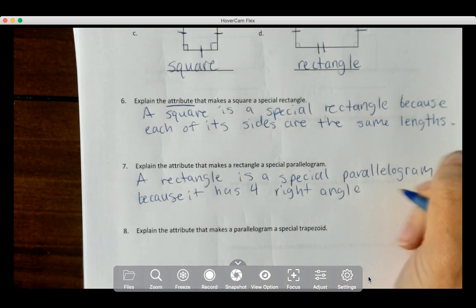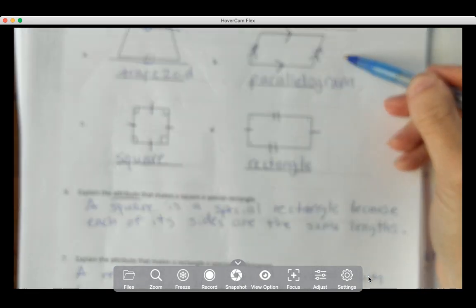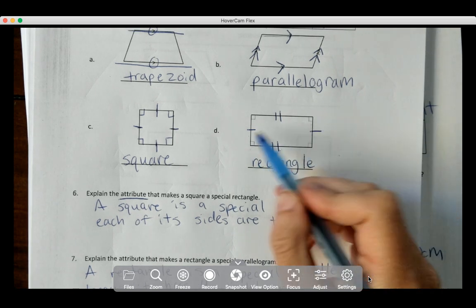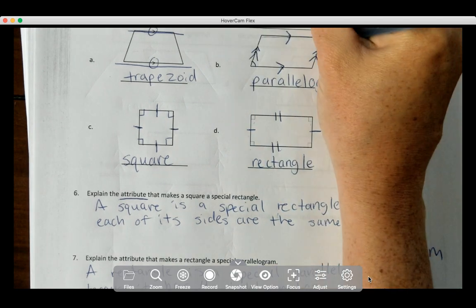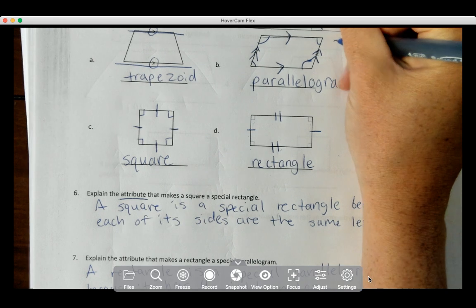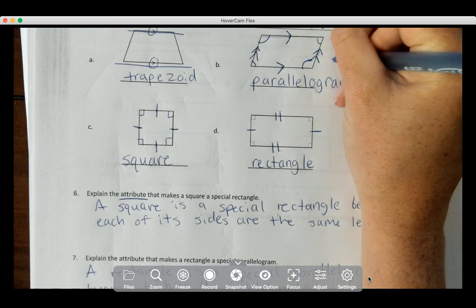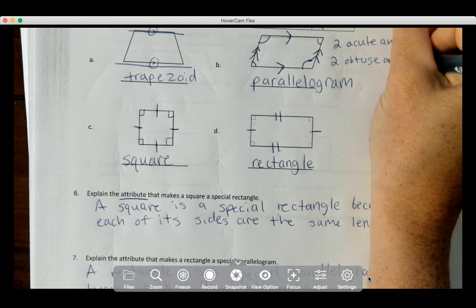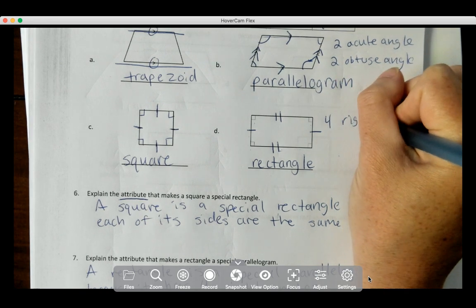So what makes a rectangle different from a parallelogram, guys, is that a rectangle has 4 right angles, whereas a parallelogram has acute and acute and obtuse and obtuse. So in a parallelogram, 2 acute angles and 2 obtuse angles. And in a square, there's 4 right angles.